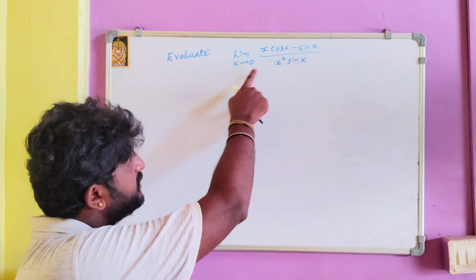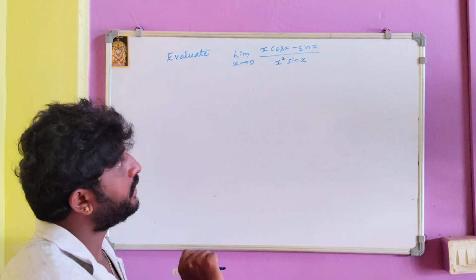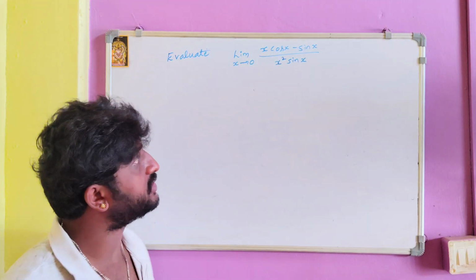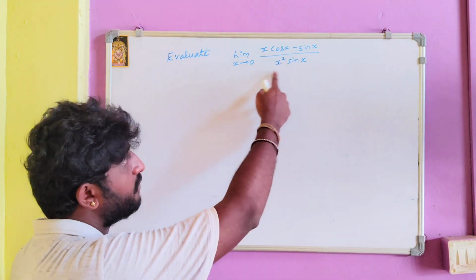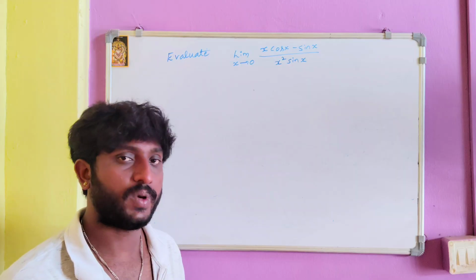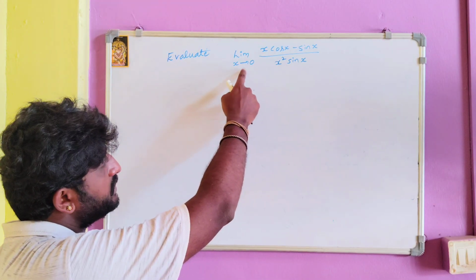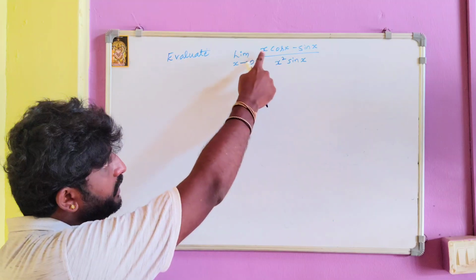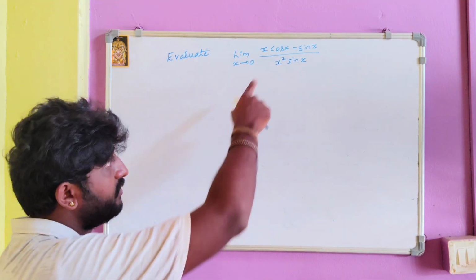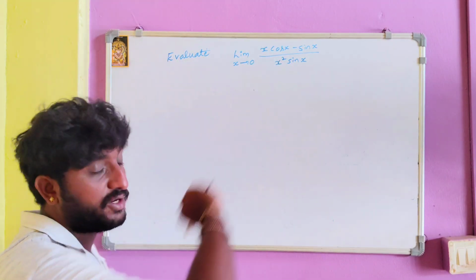Limit x tends to 0, where the numerator function is x cos x minus sin x and the denominator function is x square sin x. First substitute the given limit in both the numerator and denominator functions.